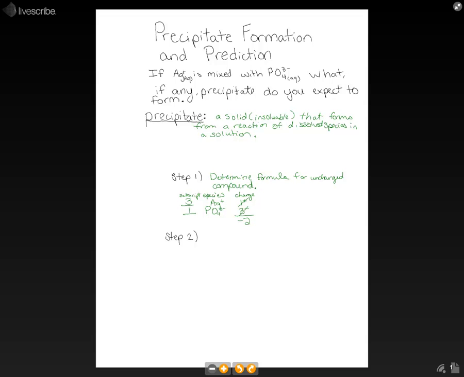So we have 3 plus, because we have 3 of a 1 plus silver ion, and then we still have 1 phosphate, so we have 3 minus, and we'll get a 0 charge. Now we just need to write our formula using the species and subscripts. That gives us Ag3PO4.